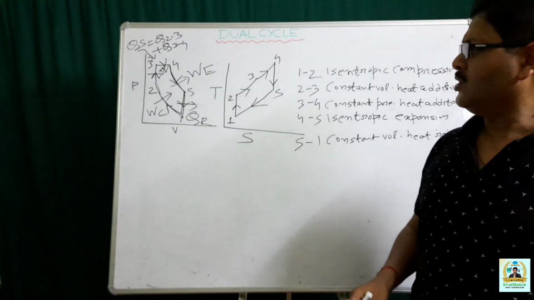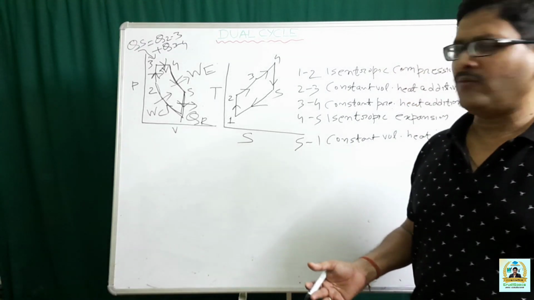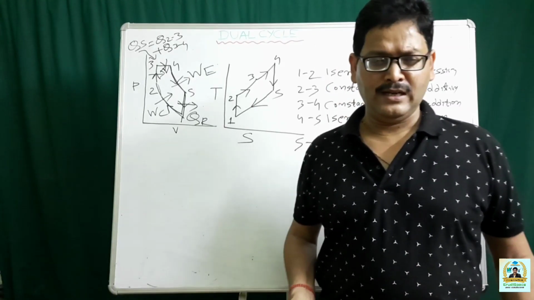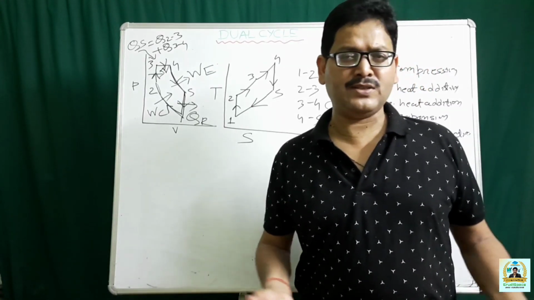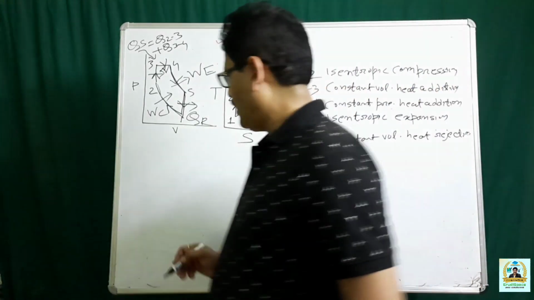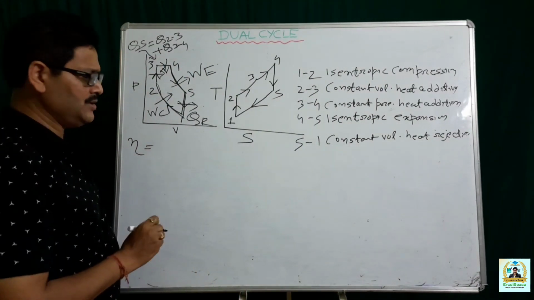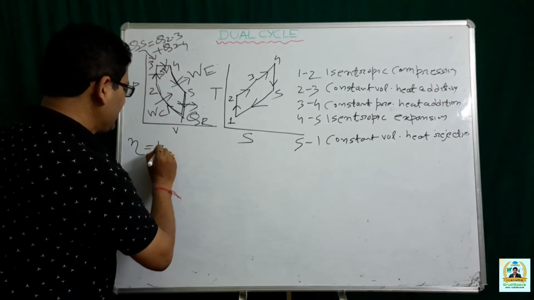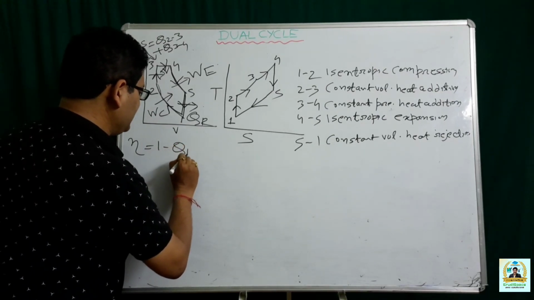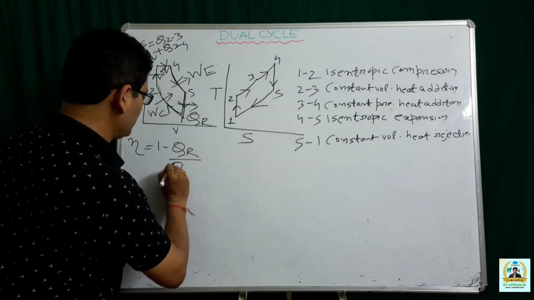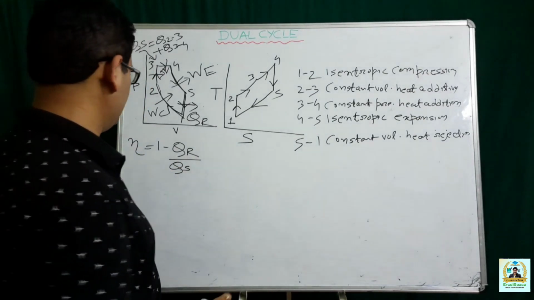Now, we can derive an expression for the efficiency of the dual cycle in terms of temperatures at cardinal points. All of us know that efficiency is 1 minus heat rejected divided by heat supplied.